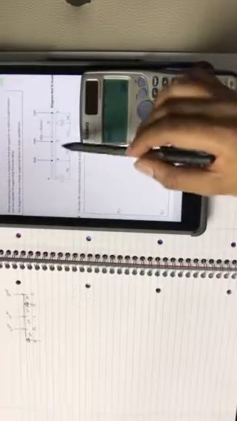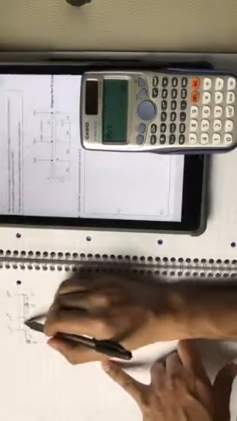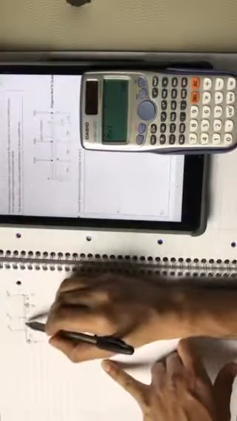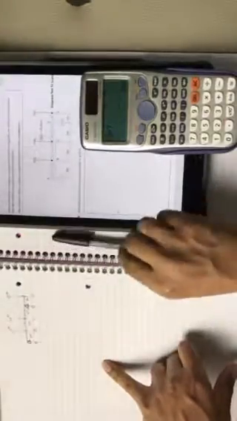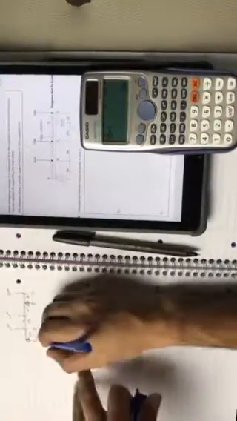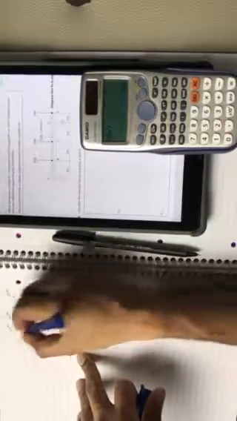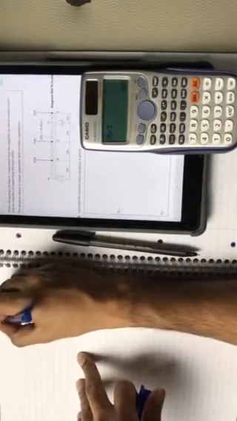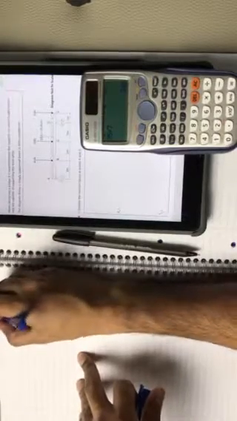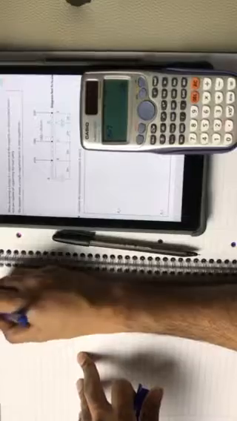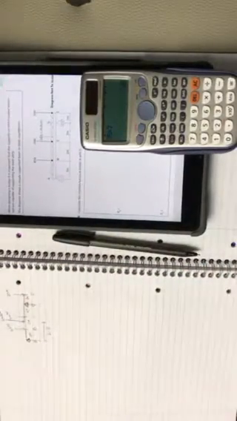So the midpoint of 7 is 3.5. That's somewhere halfway around here, roughly. I'm going to use a different colored pen to show what I have calculated: 3.5 and a load of 245 Newton. That's a 5, not an S, my bad.